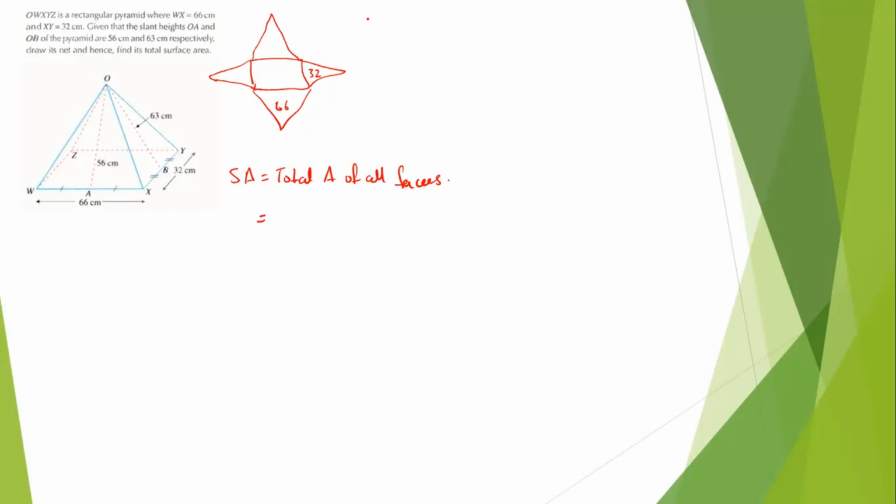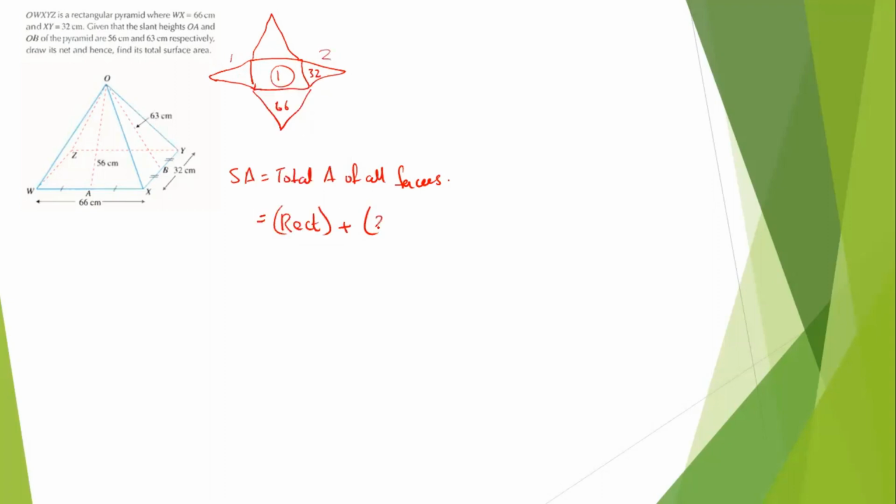If it's a rectangular pyramid, we already know the area formula of a rectangle is length into breadth. This means we first have to find the area of the rectangle, then we have to find the area of the triangles. There are 4 triangles, and we know that the rectangle's 2 bases are the same and the other 2 bases are the same. Hence, triangle number 1 and triangle number 2 will have the same area.